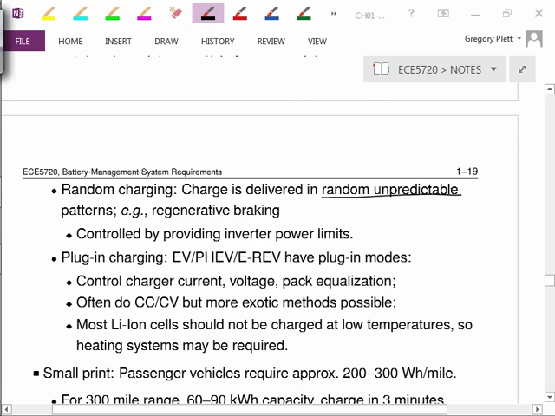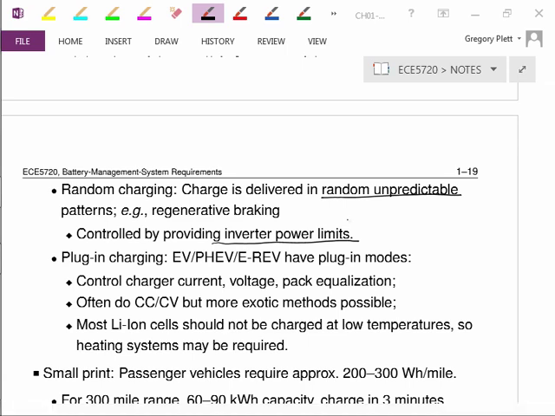And the way we control this from the battery management system is by telling the inverter, the motor controller, at any point in time, this is the maximum regeneration or charging power that I will permit you to put into the battery pack right now. And then we update that power limit on a very regular basis. So the inverter then is what is in communication with the vehicle controller and determining how much of the braking is done by friction brakes and how much is done by regenerative braking.